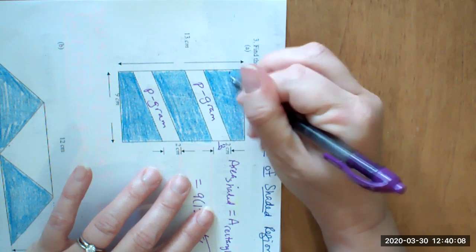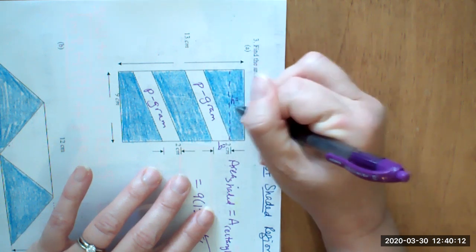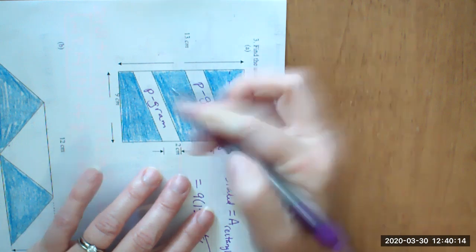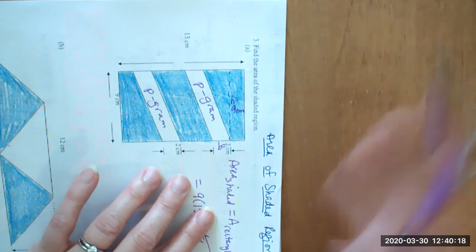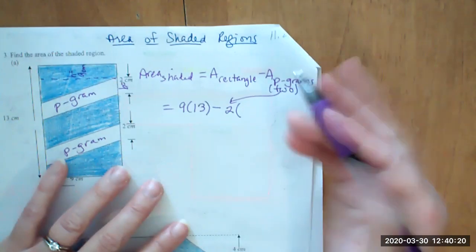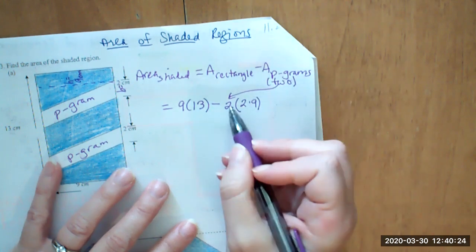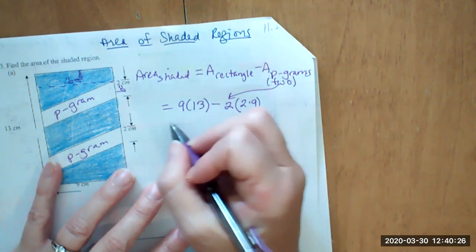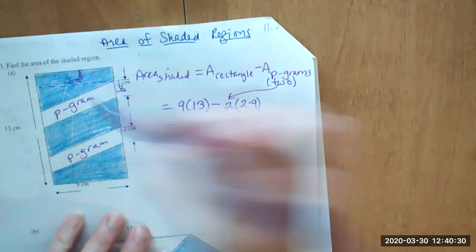And for the parallelogram, of course, there's a height of 9. Because it's the same as this side of the rectangle. So if I multiply the base times the height there, I've got 2 times 9. And again, I multiply by 2 because there are 2 of them. And if we do the multiplication and the subtraction, we'll get the area of the shaded region.